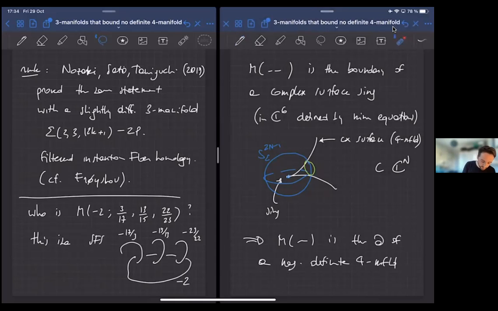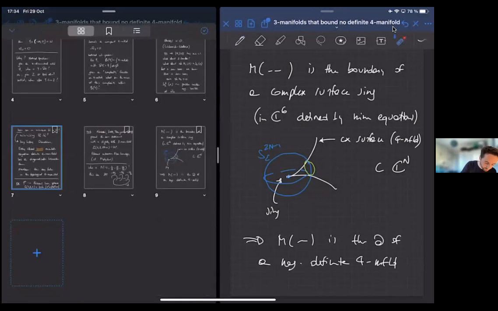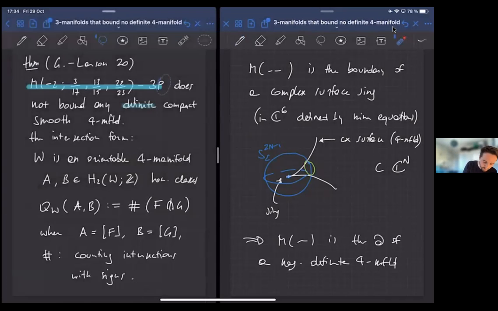And note that P in the statement also, I introduced you as the boundary, as the link of a singularity, and so it also bounds a negative definite 4-manifold. However, here we're doing an orientation reversal issue, so you cannot just take a boundary connected sum of these 4-manifolds and get something definite. You get something mixed every time you try to do that. So the statement is not obviously false. This is maybe what I wanted to convince you of.